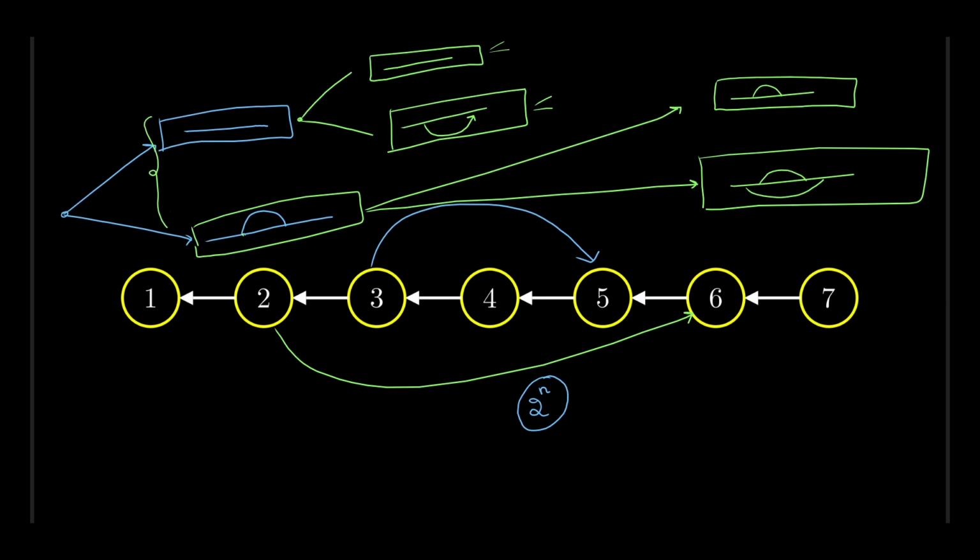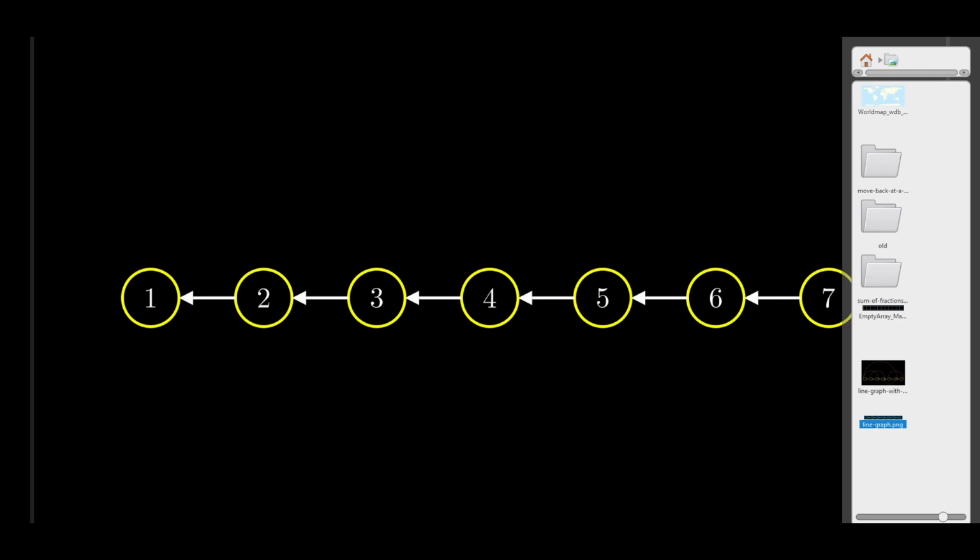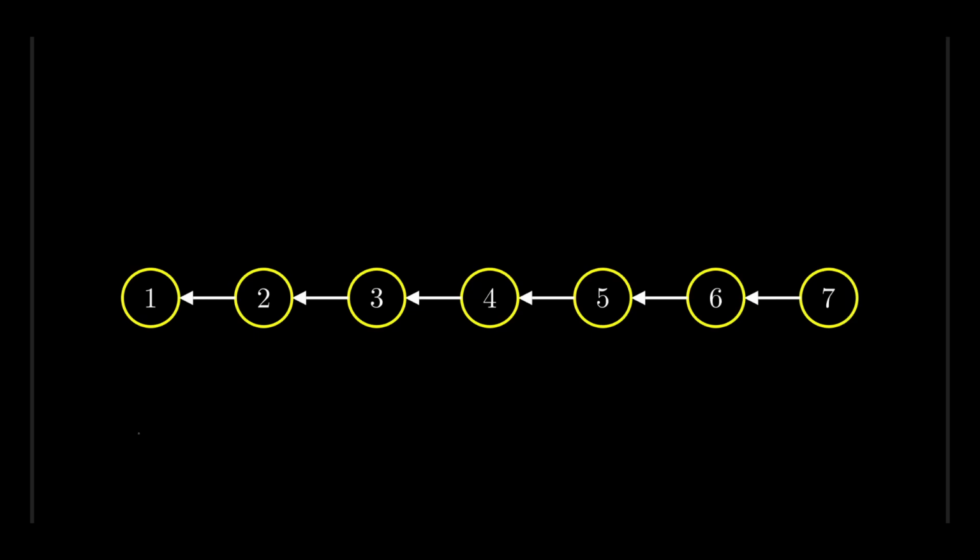So notice that if you have a graph where an edge goes from 2 to 4 and an edge goes from 4 to 6, this creates a connected component where 2, 3, 4, 5, 6 are part of that same connected component.